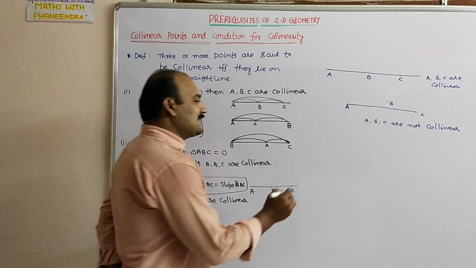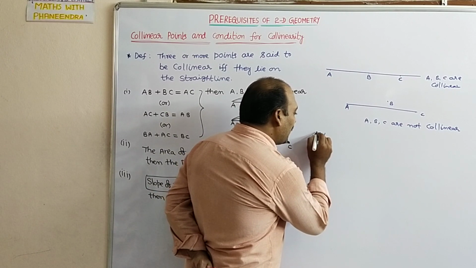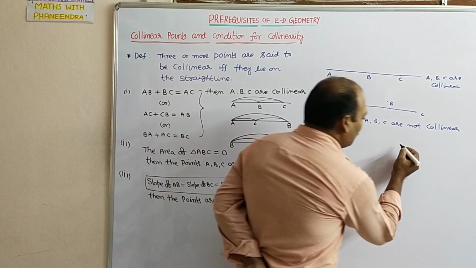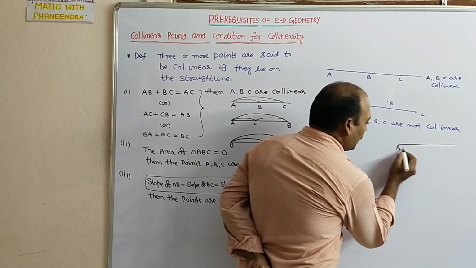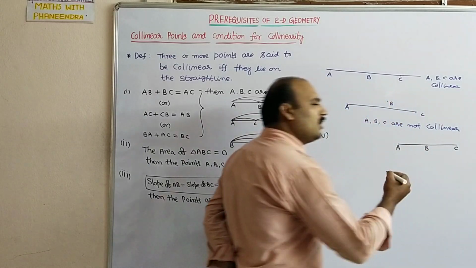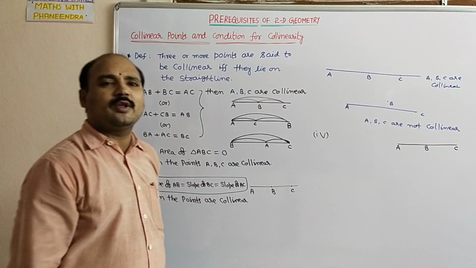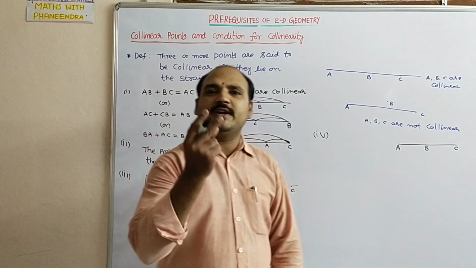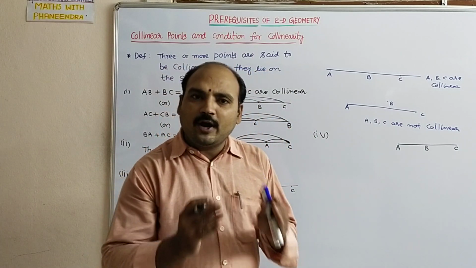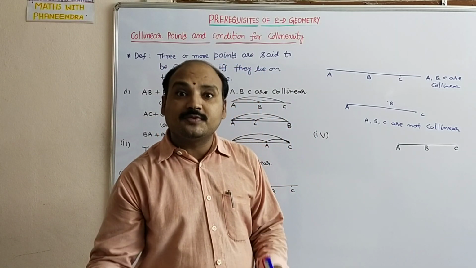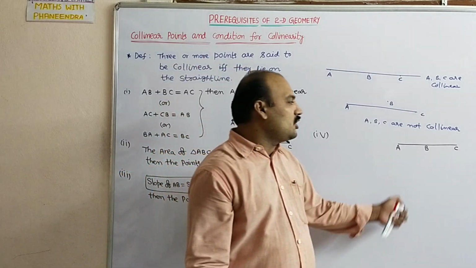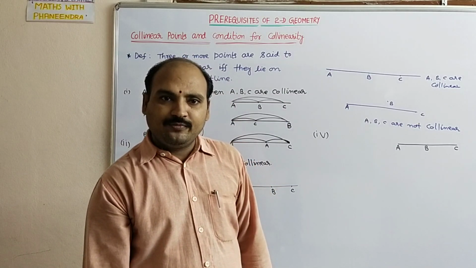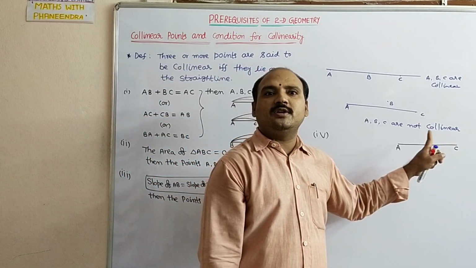Fourth one also we will discuss. What is that fourth one? Can anyone tell that? If you draw the figure, you will get an idea. A, B, C, or ACB also can write, or CAB also can write. Among these 3 points, you have to select any two and find the equation of the straight line passing through the 2 points. After getting the equation of the line, substitute the rest of the point in that.